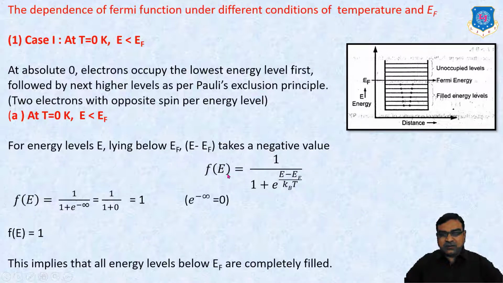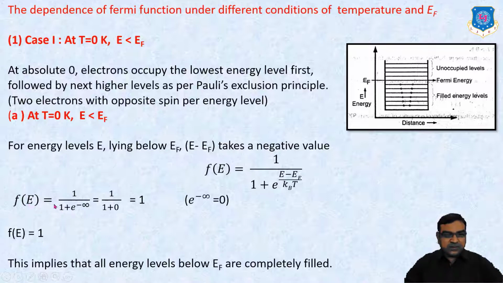The function f(E) is equal to 1 by 1 plus e raised to (E minus EF) by kB into T. So if you put a value of E that is less than EF, this value is negative, and the whole (E minus EF) by kB into T, where T is equal to 0, is negative by 0, that is, negative infinity.